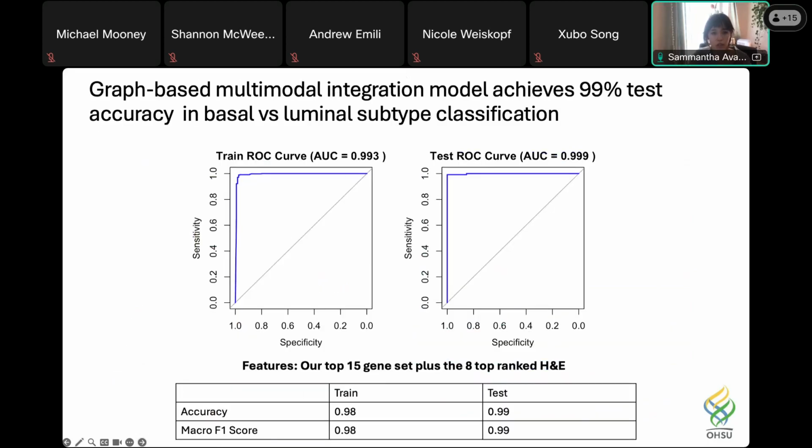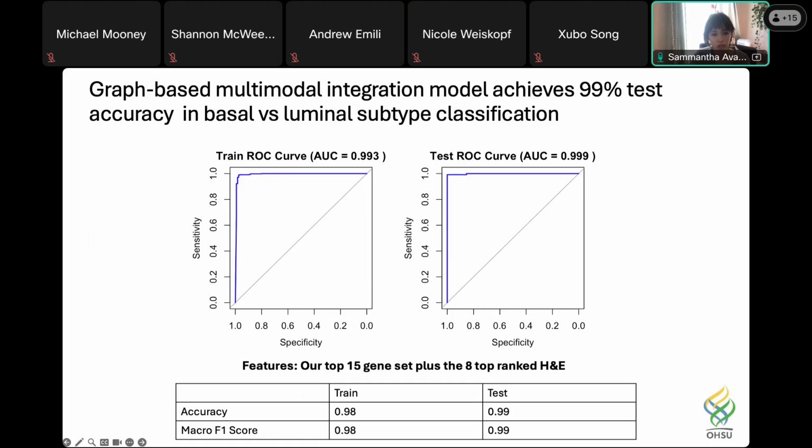And so if we look at our results, just using our top 15 gene set plus our top ranked H&E image features, we can see that this filtered multimodal model did better than our initial multimodal model, where for training, we achieved an accuracy and macro F1 score of 98%, and where for testing, we achieved an accuracy and macro F1 score of 99%.